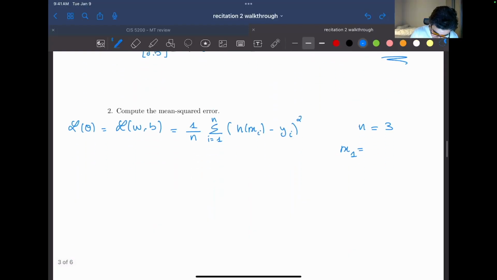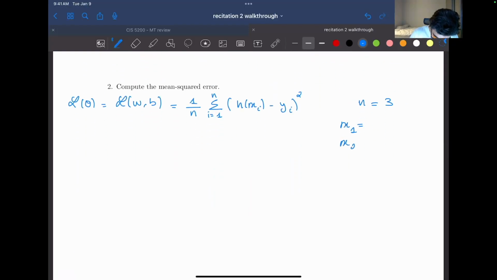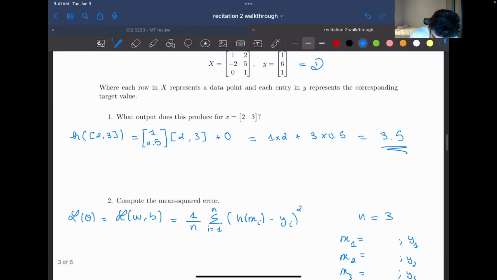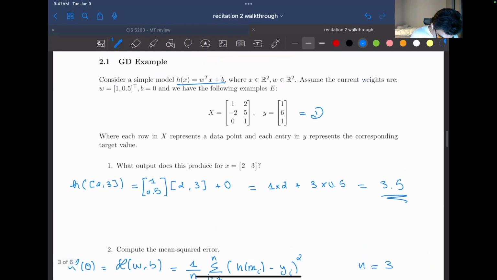So let's write them a bit quickly here. x1 is 1, 2; x2 is minus 2, 5; x3 is 0, 1; y is 1, 6, and 1, right?